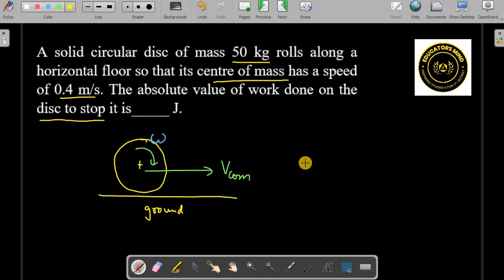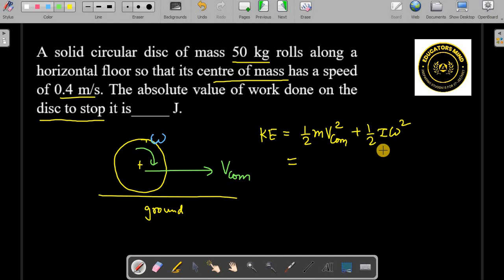If you consider that this gets stopped, initially it has some energy. What is the kinetic energy initially? It is half m v center of mass square plus half I omega square. Even if you may not consider pure rolling, in that case they should give what is V and what is omega.